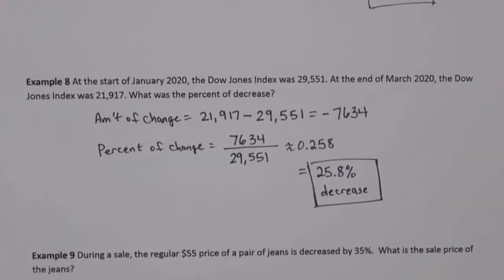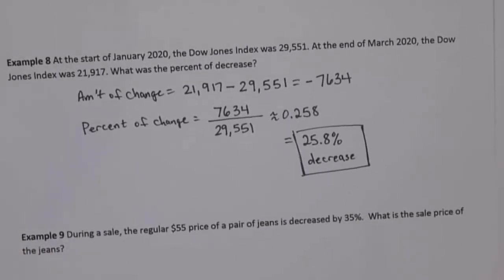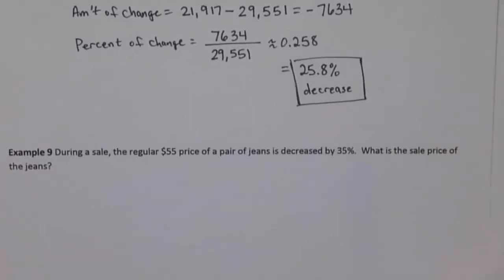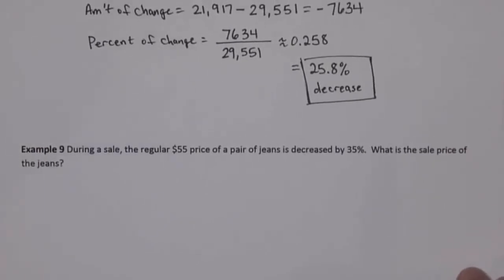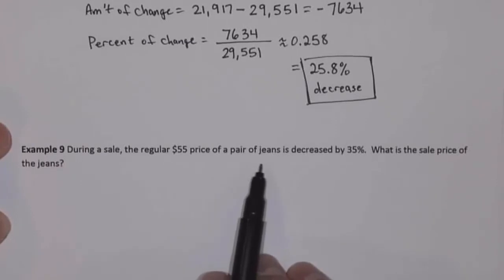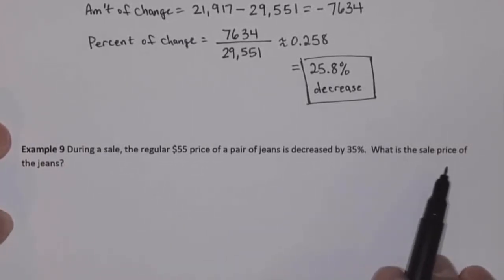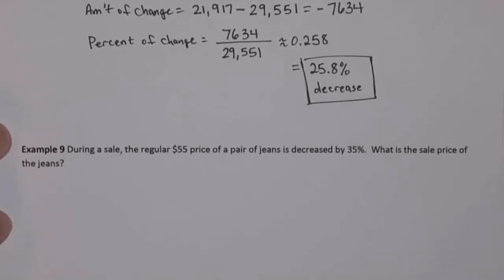Let's take a look at example 9, which is a little bit different from examples 7 and 8. During a sale, the regular price of a pair of jeans is decreased by 35%. What is the sale price of jeans?